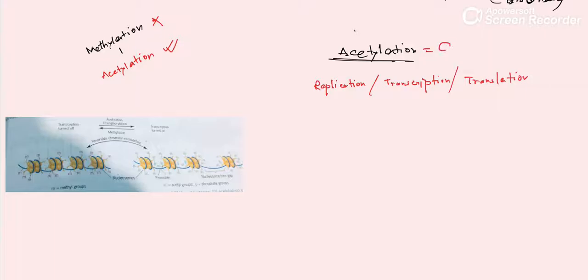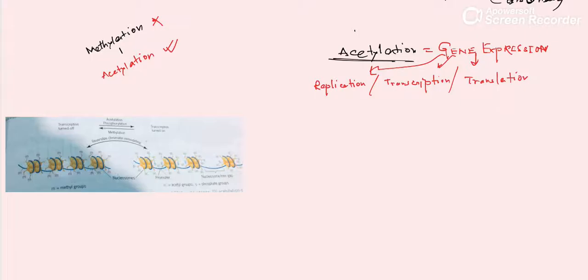And acetylation is equal to gene expression. You can easily say that it is gene expression, and it will help in this kind of process. So acetylation causes two things mainly.